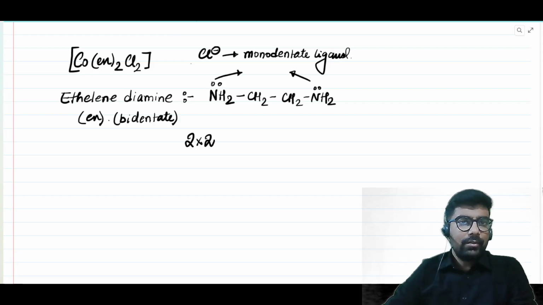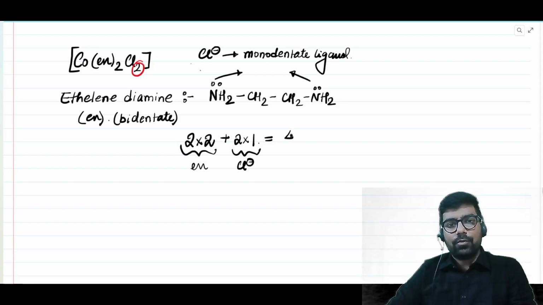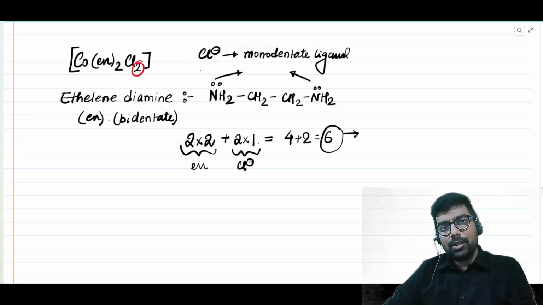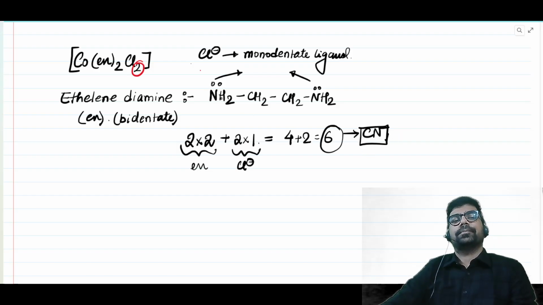There are 2 Cl atoms, each contributing 1, so 2 into 1. This one is for en, this one is for Cl minus. So how many in total? 4 plus 2, that is 6. So the coordination number of this compound is 6.